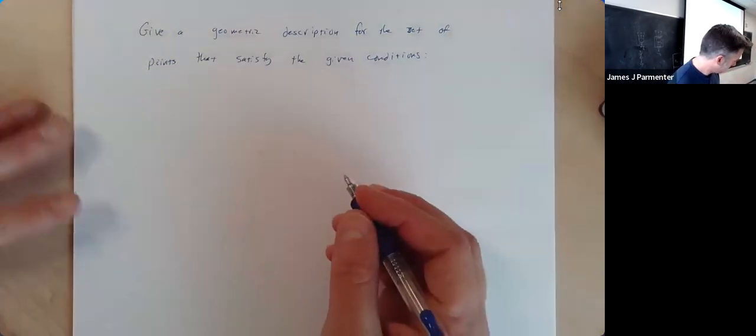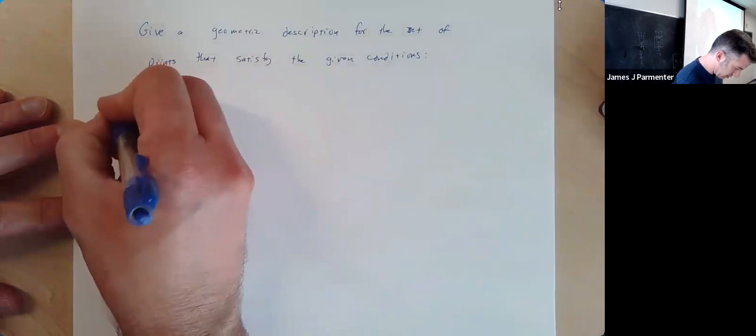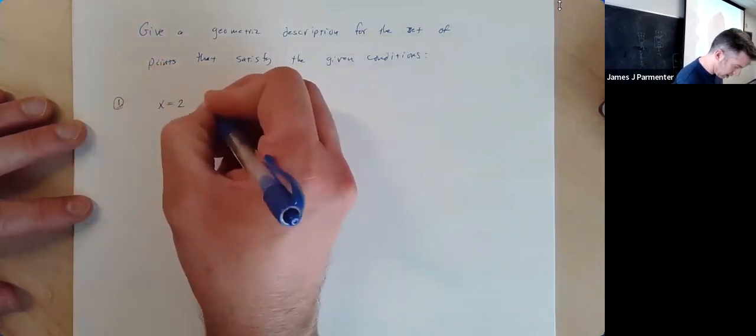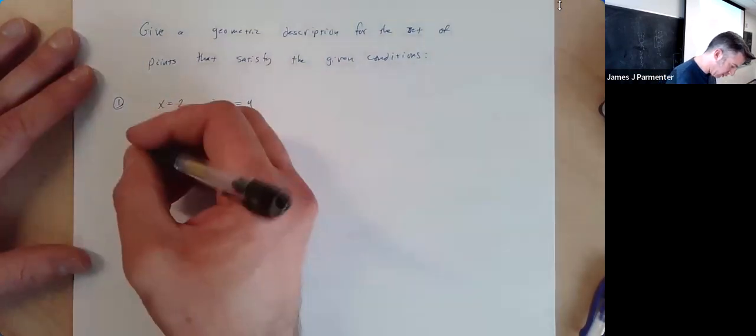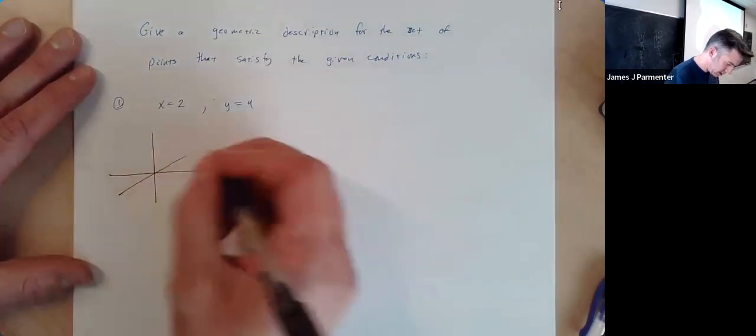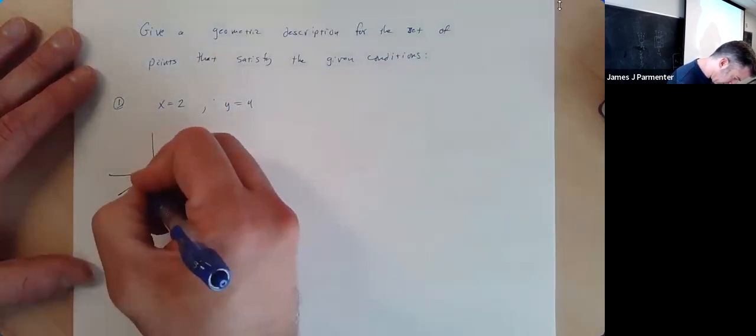So let's see, what if we describe this as x equals 2 and y equals 4? Well, I know that both of those are planes, right? X equals 2. In fact, we probably should graph. So here x equals 2, way out here.